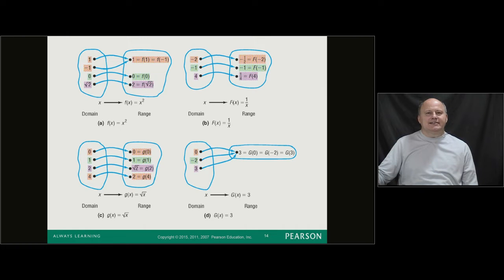It doesn't matter what the input is, whatever domain element you put in, the output is 3. That's why on the range side, 3 is the only possibility. Every element is getting mapped to 3. So when you put in those numbers, like the square root of 2 or whatever, it still gives me 3 because g of x equals 3.